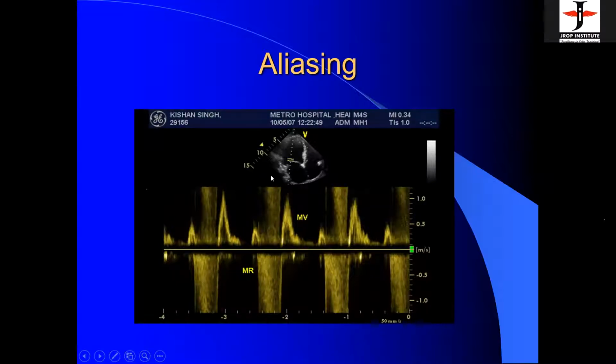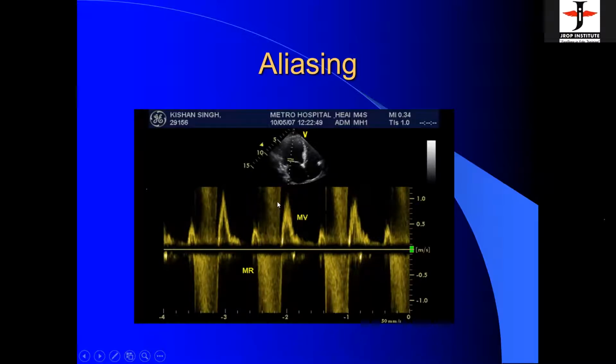Now this patient had mitral regurgitation, and the mitral regurgitation has got a high velocity flow. Here you see the whole mitral valve envelope is seen above the baseline, because it is low velocity. And here, one is cut here, one is cut here. You don't know from where to measure and where not to measure, because this should always be in one.